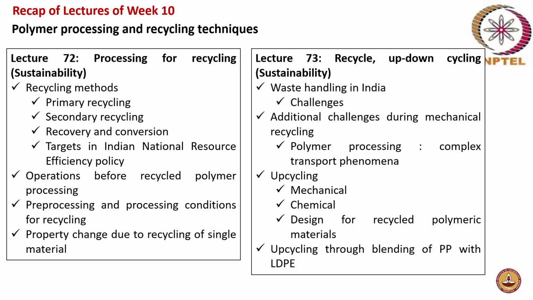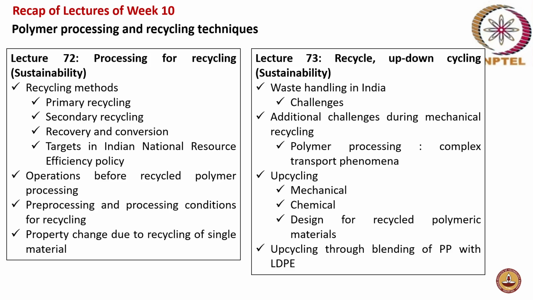For example, if you choose some common temperature range for two polymers, one of the polymers may degrade in that range, and the other polymer may not even melt and cannot be processed in that temperature range. So we have to take a wise decision while choosing these operations and temperature ranges as well.